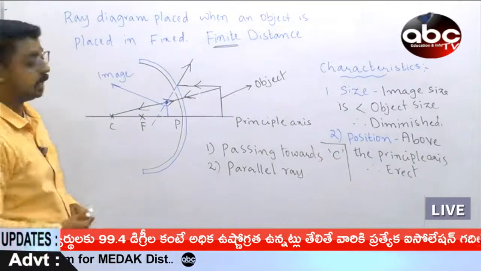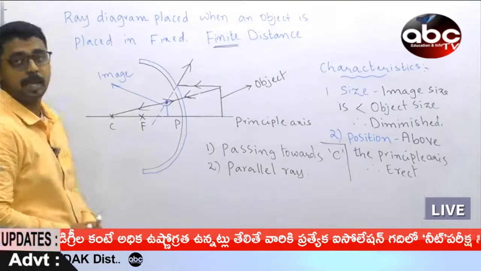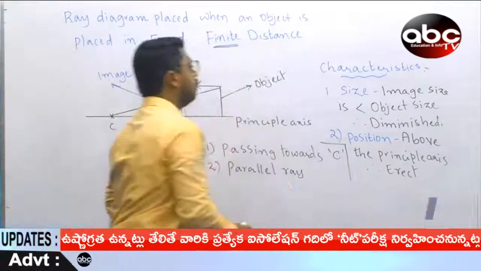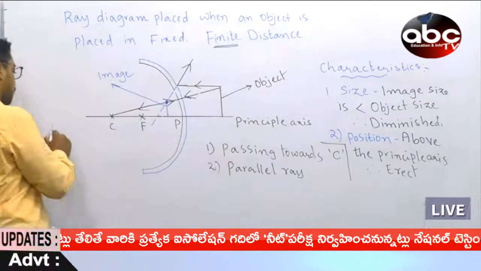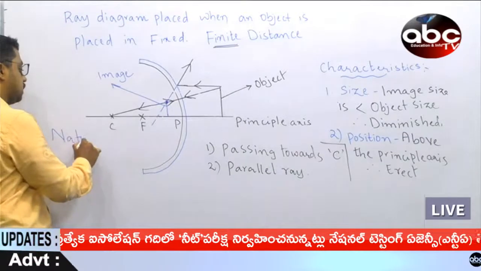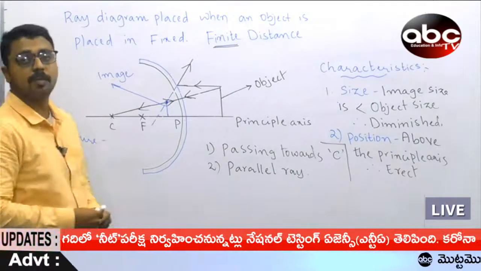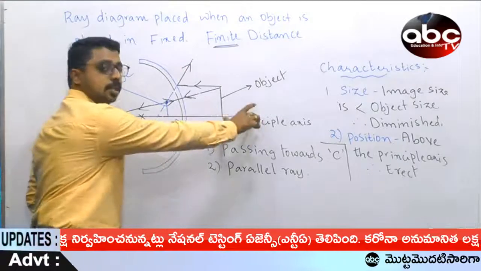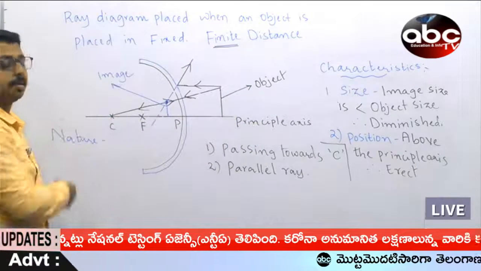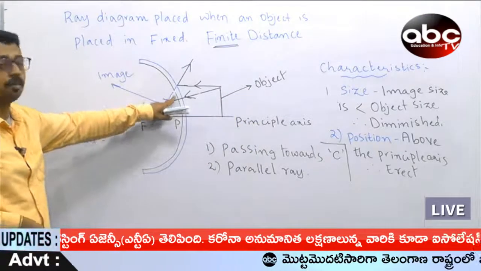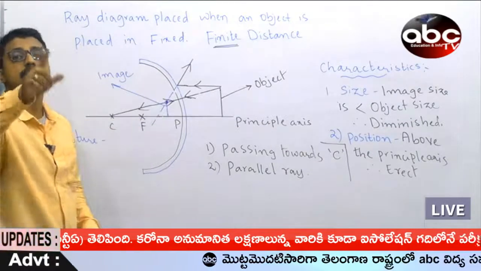The third characteristic is the nature of the image. What is the nature of an image? Is it formed by the intersection of rays on the active side or behind the mirror? Naturally, it is formed by the intersection of elongated rays, not reflected rays.